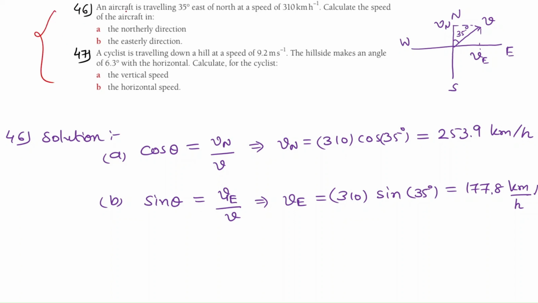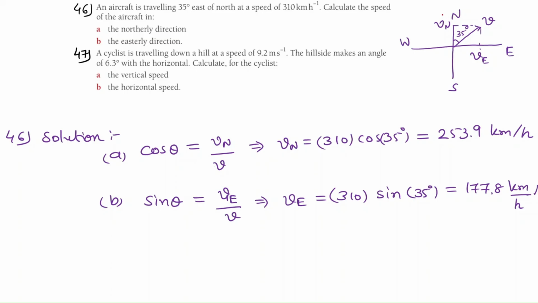Question number 46 says an aircraft is traveling 35 degrees east of north at a speed of 310 kilometer per hour. Calculate the speed of the aircraft in the northerly direction and easterly direction. Northerly means you can say vertical, and easterly is the horizontal component, and this angle is the one mentioned here.